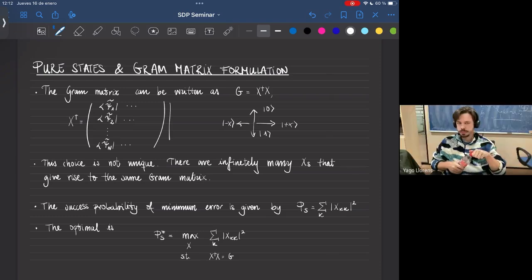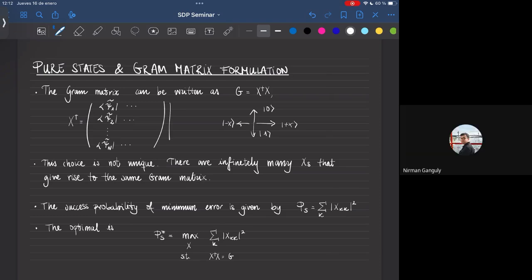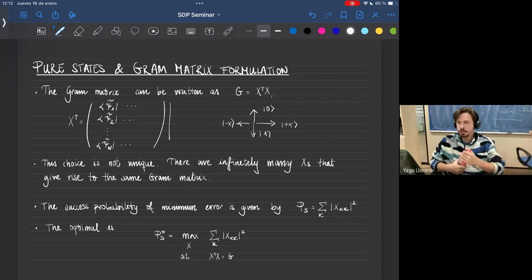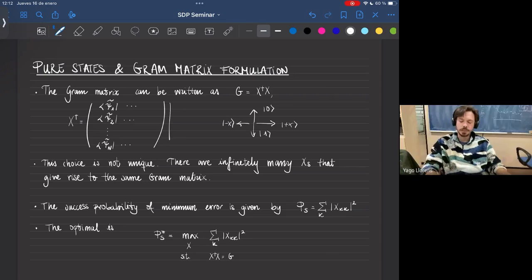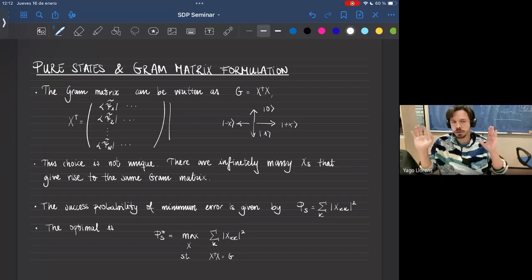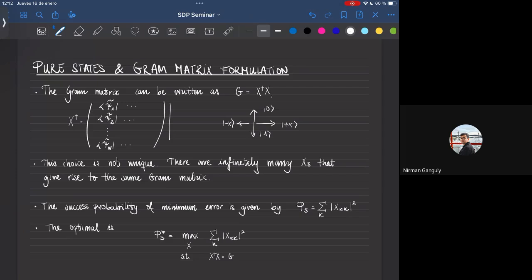Am I correct to say this? Yes. It could be that they are different and you need some other information that is not contained in the gram matrix. So for that, I may need the whole Hilbert space dimension. But for discrimination and exclusion and everything of statistical inference, they are equivalent. They have all the relevant information. For some other things, might not. Okay, fine. Thank you.